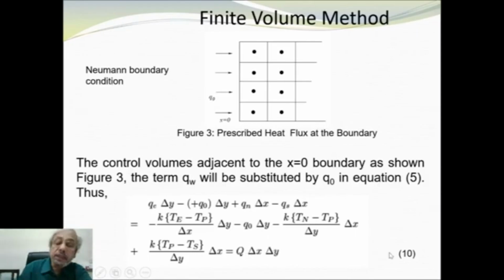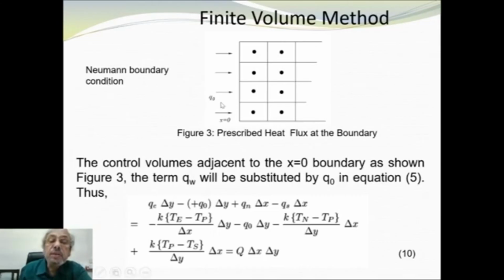Equation 10, this will be the governing equation for all the cells that have defined heat flux from the western side.